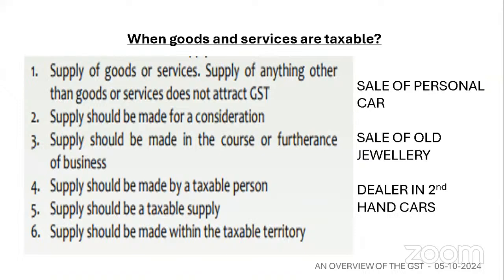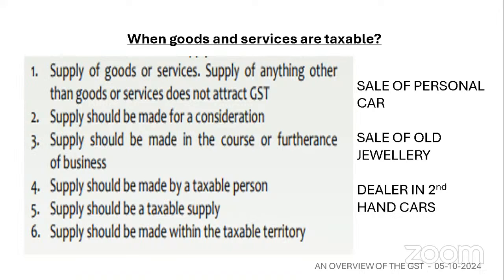Even if a good or service is rendered to a distinct person at zero amount, even then the dealer, that is State Bank of India, has to pay tax on the fair value of the transaction carried out. Then the third point I want to provide is that the supply should be made in the course of furtherance of business.